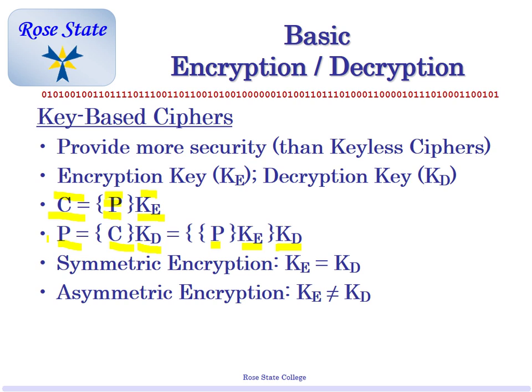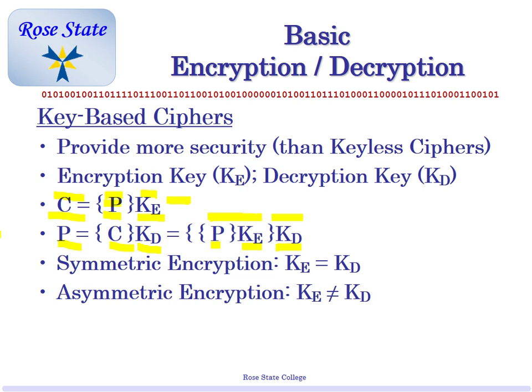This is about as complex as the math gets. It's not really difficult. Plain text encrypted with this key becomes ciphertext, then ciphertext decrypted with this key becomes the plain text again. So we're basically saying the functions are the same.